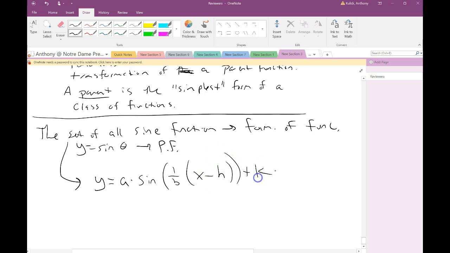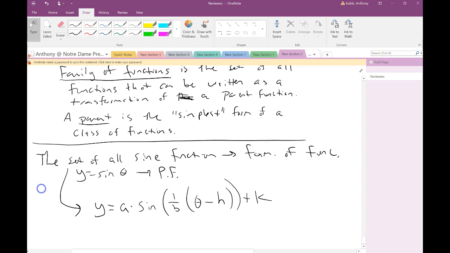And I'll put a theta there. The set of all functions that can be written as a transformation of a parent function is a family of functions. So the set of all these sine functions, all these things that we're going to graph, form a family. And the way we can describe that family is in this fashion right here.